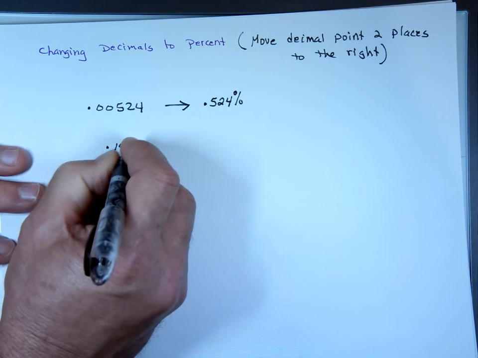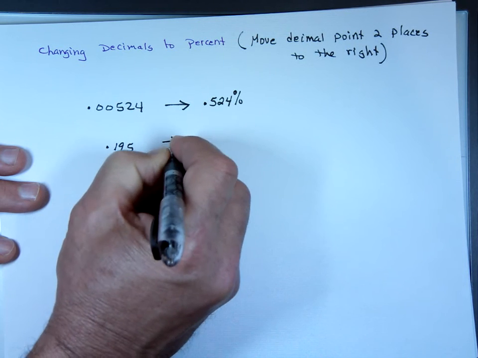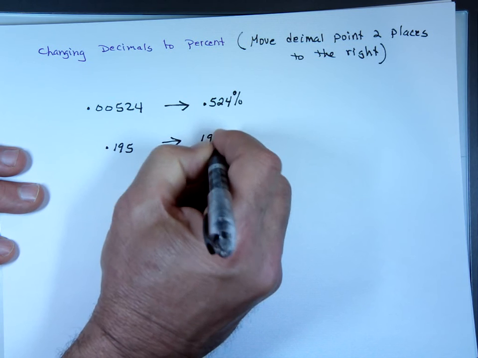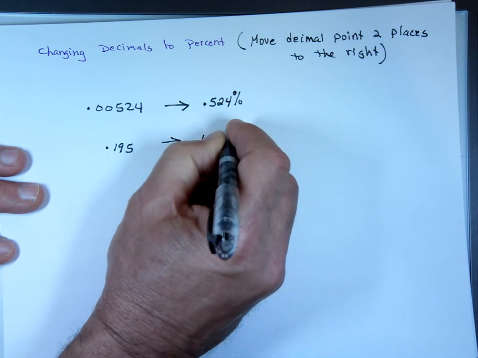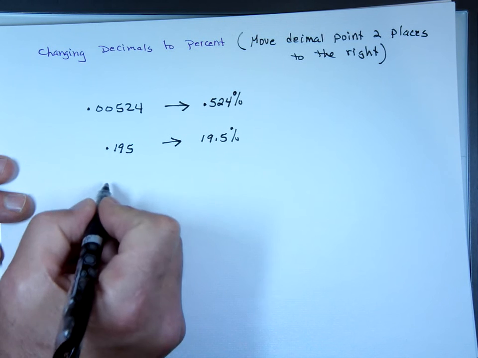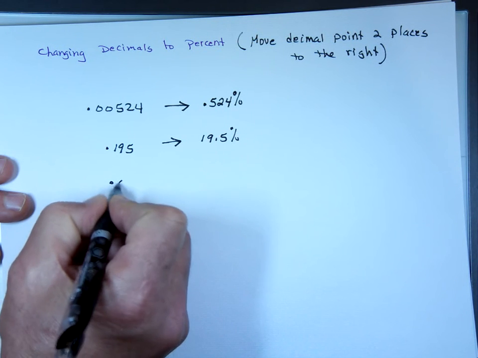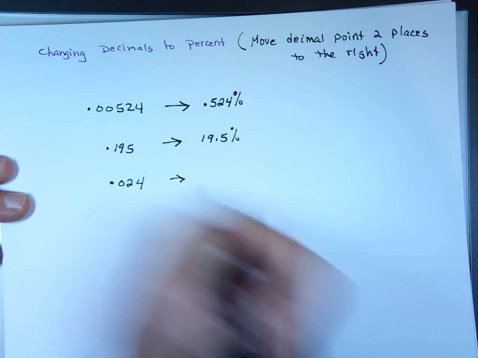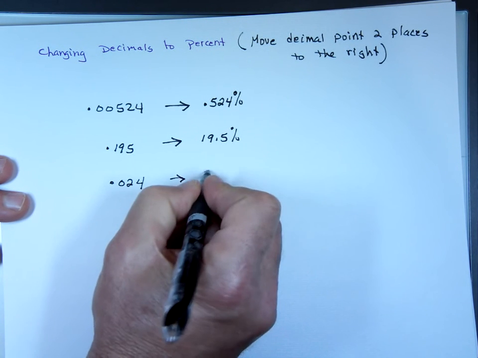Next, .195. That would be 19.5%. Move the decimal point 2 places to the right. 0.024 is 2.4%.